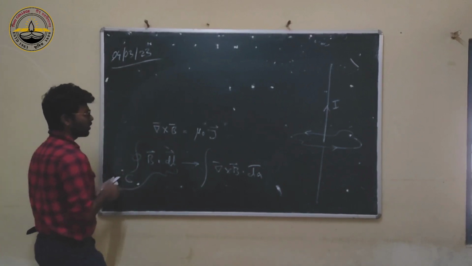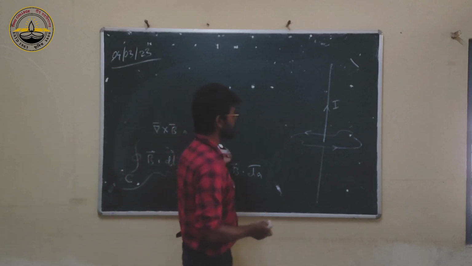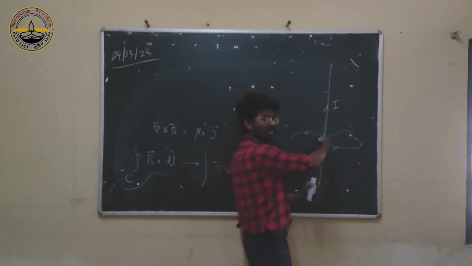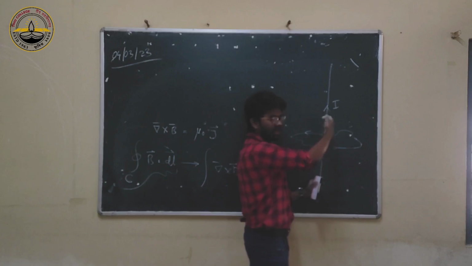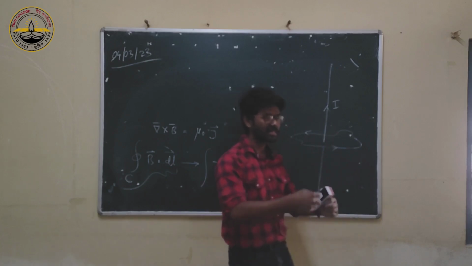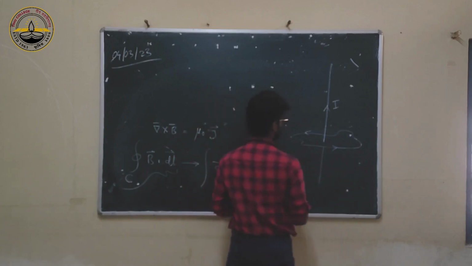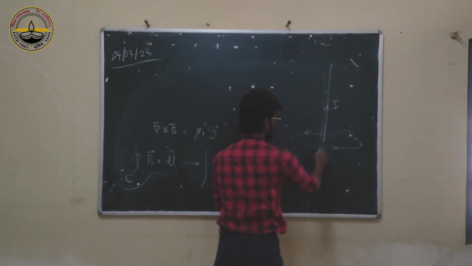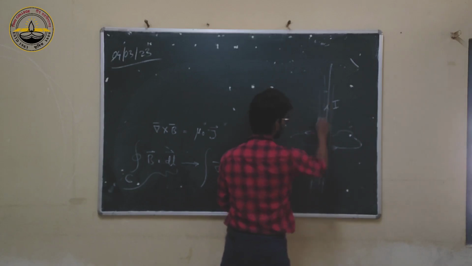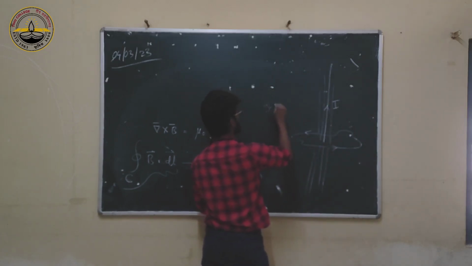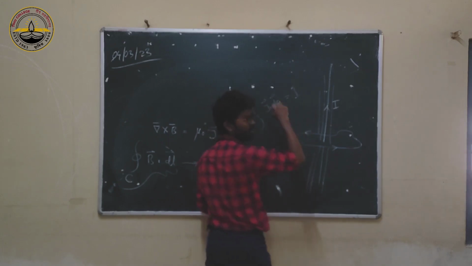But the J comes from the fact that we took many such infinite wires packed so that there is a density of current. So your J dot dA integral was your total current enclosed.